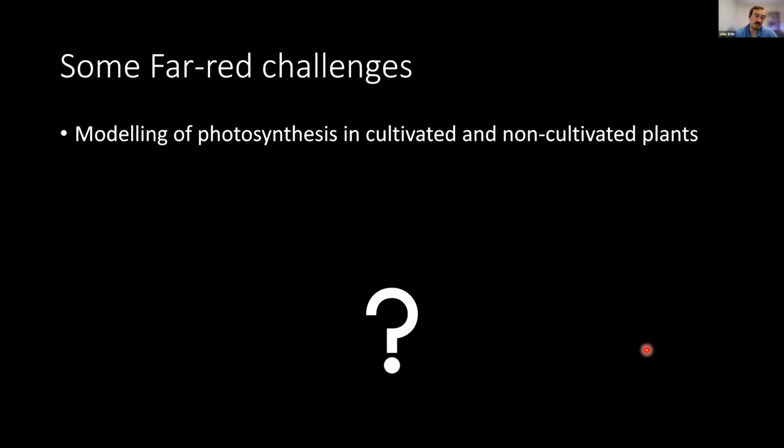And so we've made many models over the years of both cultivated and non-cultivated plants in agricultural or horticultural or simply ecological settings. And none of those models are perfectly fit, but we can improve the fitness of these models by including some better understanding of this far red and its influence on the plants.